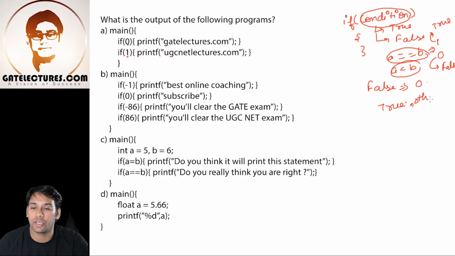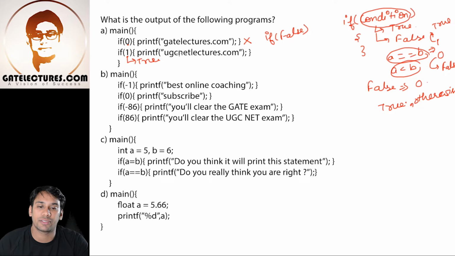Okay, so if you execute these programs, the first condition is if 0. If 0 means if false, and if false means this statement is not going to be executed, right? The next statement is if 1, and if 1 means true, therefore this statement will be executed. So it will print ugcnetlectures.com. In the next line we have if -1.